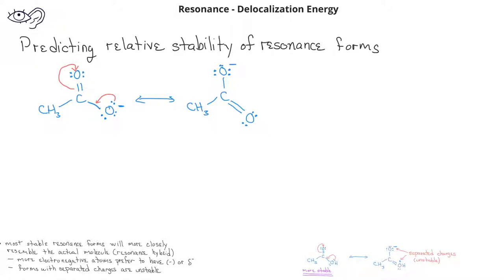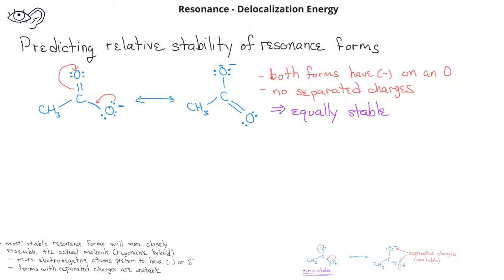The alternative resonance form for this structure has the negative charge on the other oxygen and the double bond to the carbon on the second oxygen. Since both of these structures have just one negative charge, no separated charges, and the negative charge is on an oxygen in either case, these two resonance forms are equally stable.